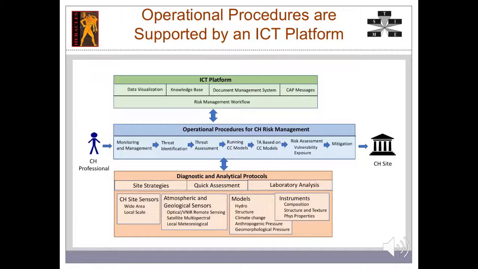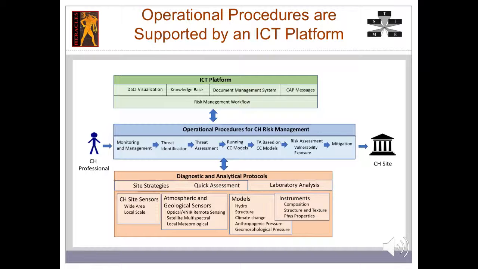Another key element of the ICT platform is a document management system. And this is an important element that coordinates activities that are being performed by the various cultural heritage professionals that are working together.